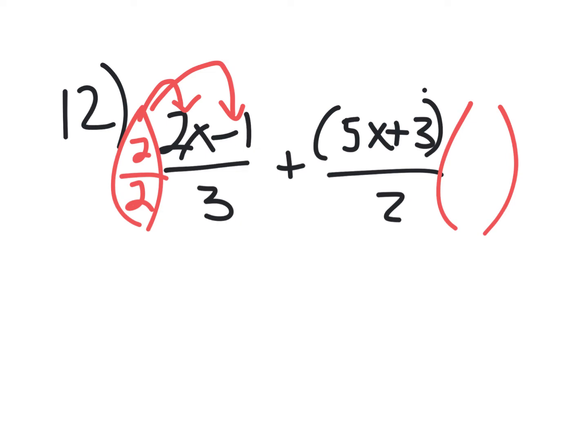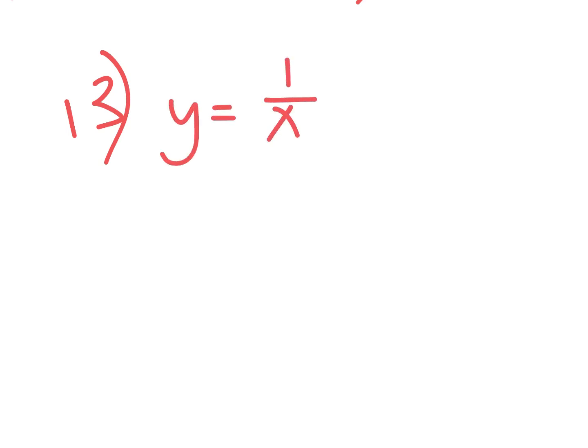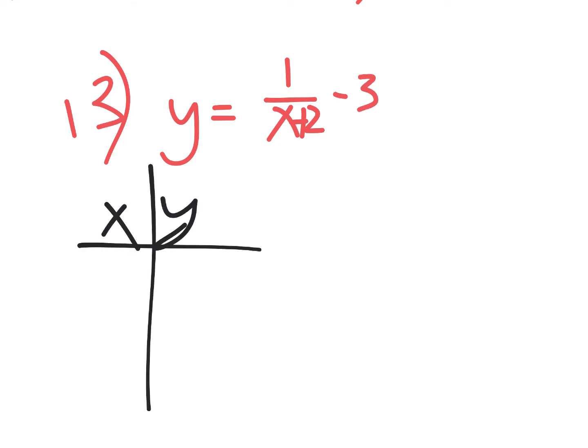On number 13, my tip is that for this graph, 1 over x plus 2 minus 3, anytime you have to graph, make an XY chart. It's your best friend in graphing. And if you just connect a bunch of dots, tell me that there is a single kid in here that wouldn't know how to connect these dots.